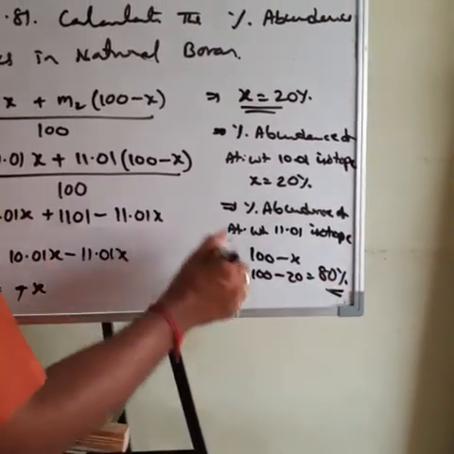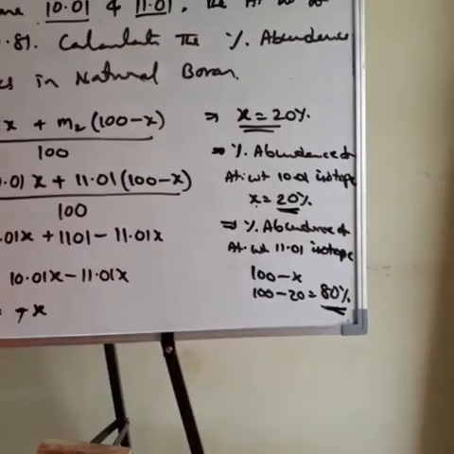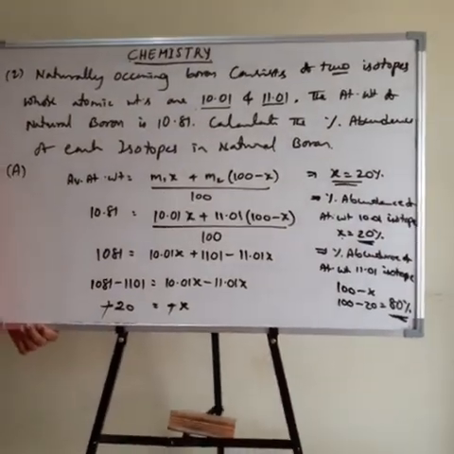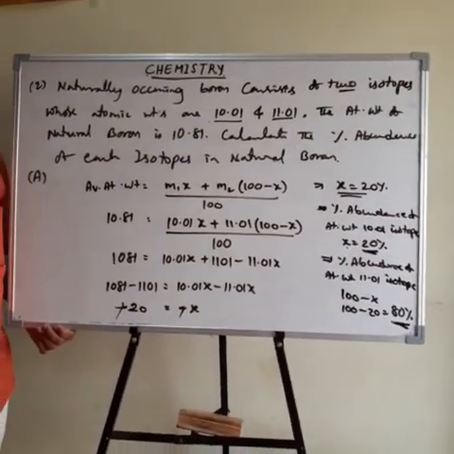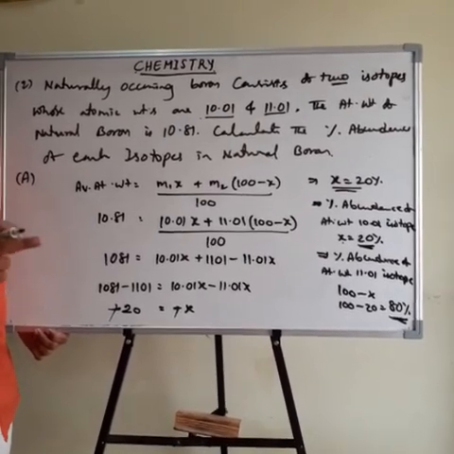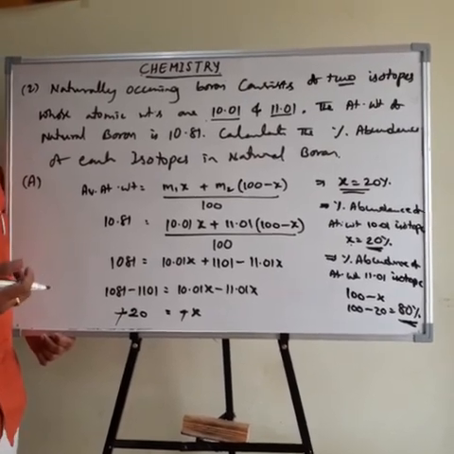So first isotope 20%, second isotope 80%. That is about the question. This is about today's topic. Next, isobars, isotones, isoelectronic species will be discussed in the next class.